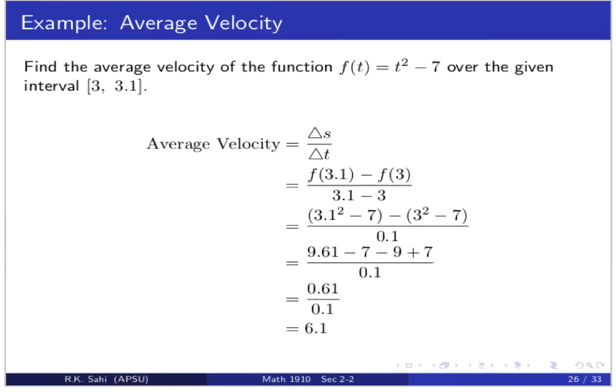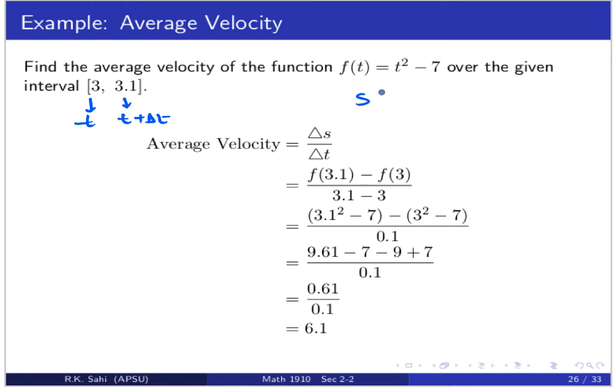Okay, so let's look at this example. Find the average velocity of the function f of t, which is given by t squared minus 7, over the given interval 3 and 3.1. So think of this as your t, and this is t plus delta t. So the average velocity is the change in the distance over the change in time.